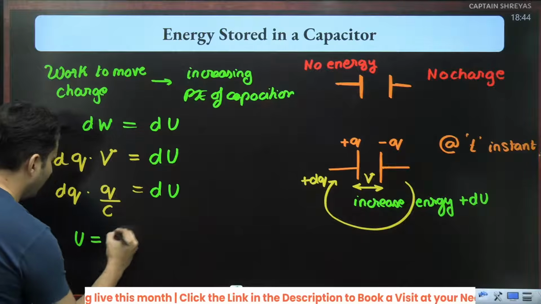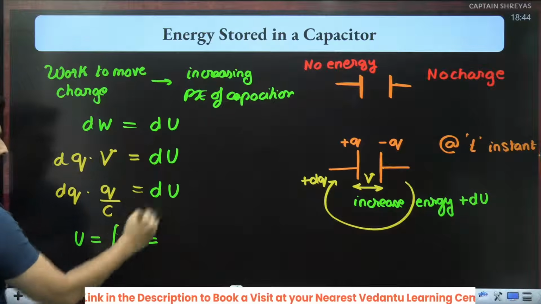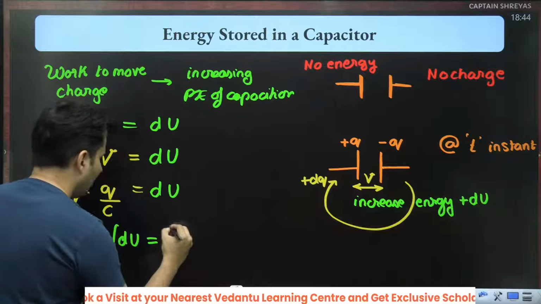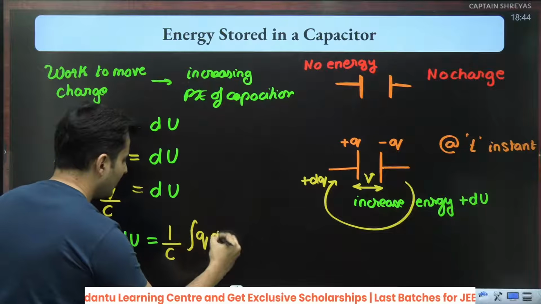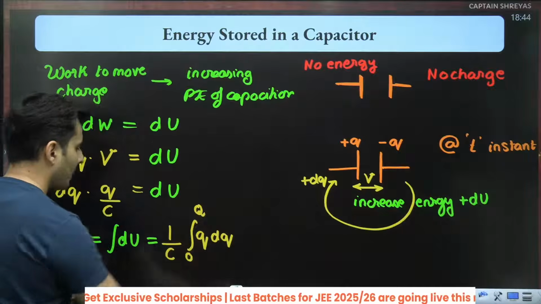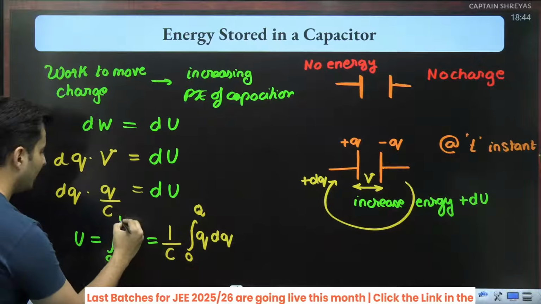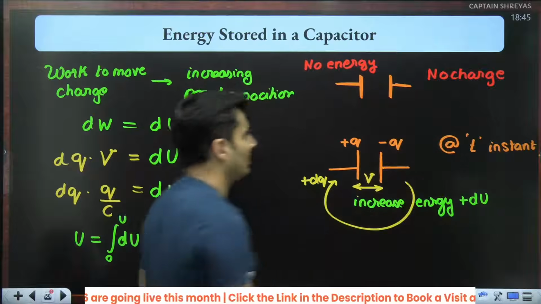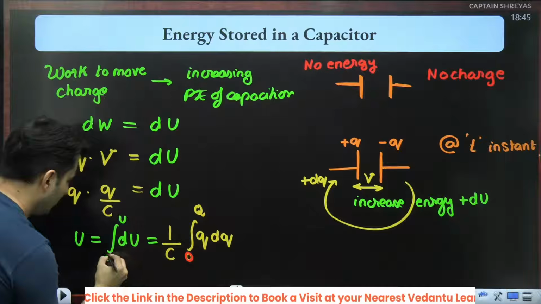U will be equal to the integral of dU, which means I'm integrating this whole expression, out of which 1 by C is a constant. So it will be just integrating q dq from the original to the final. Here also understand, initially there was nothing present. This 0 corresponds to this state: no charge, no energy.